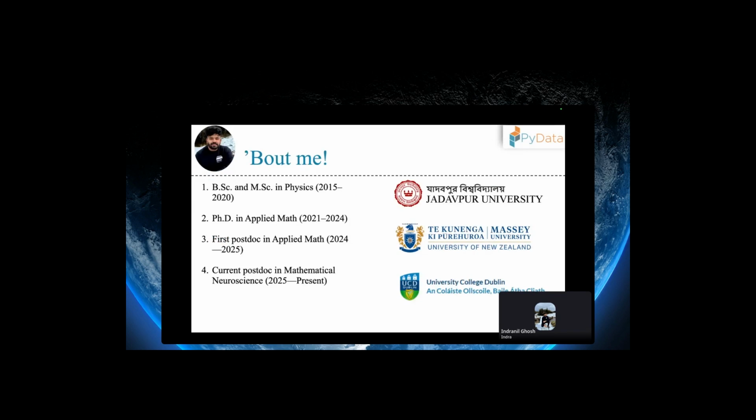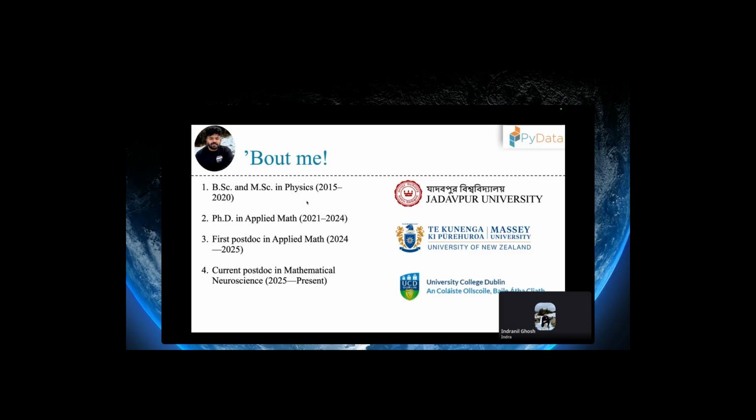A bit about me: I did my bachelor's and master's in physics, and I got my PhD in applied math in New Zealand in 2024. I also did my first postdoctoral fellowship in New Zealand until August 2025, this year, when I moved to Ireland to University College Dublin as a research fellow, but in mathematical neuroscience.